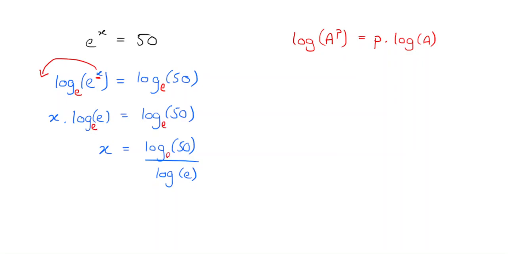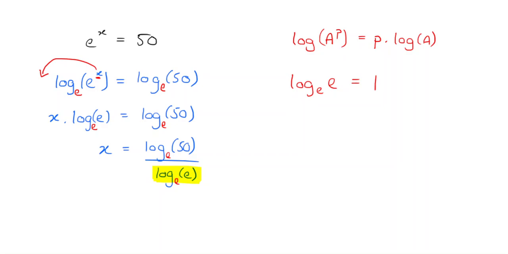Everything is log base e. And why have I done that? Well, because if you look at the denominator, log base e of e will just equal 1. That was one of the logarithm rules we learned last time.